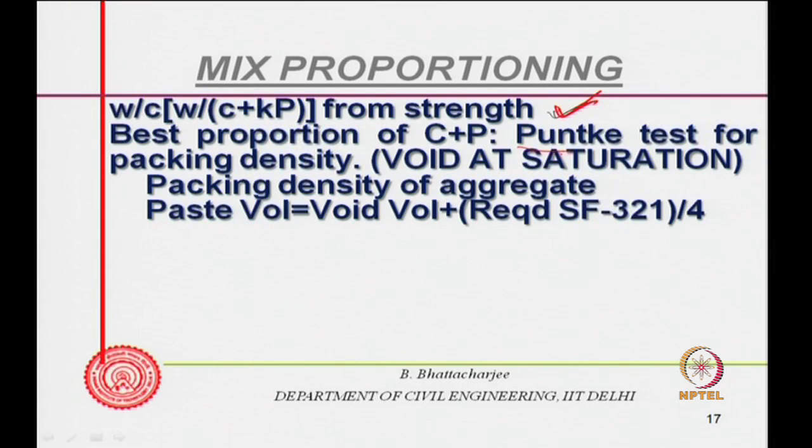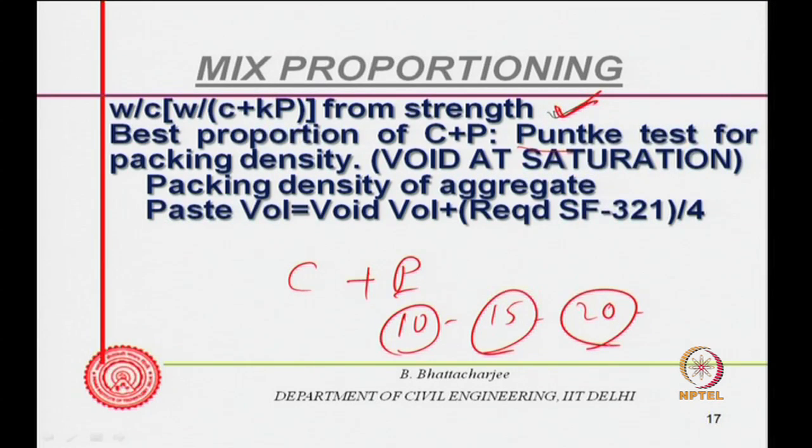So, what you do, you mix C and P, that is your cement plus other powder material, in the proportion that you like, which will vary, maybe start from 10, go to 15, 20%, etc. You add them up together, mix 90% and 10%, 85% and 15%, 80% and 20%, and so on.